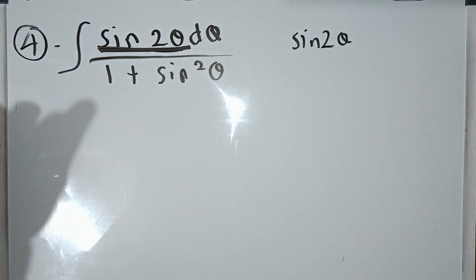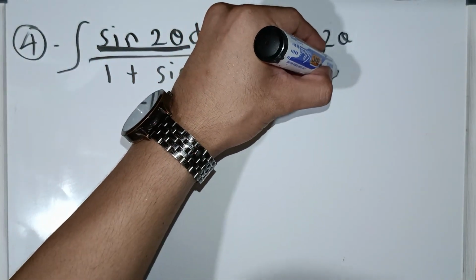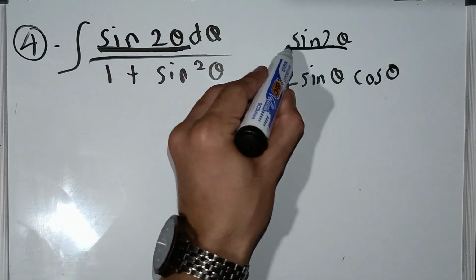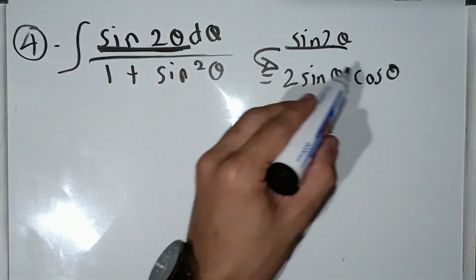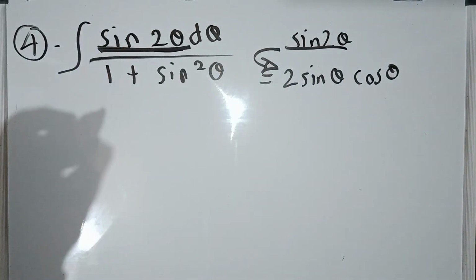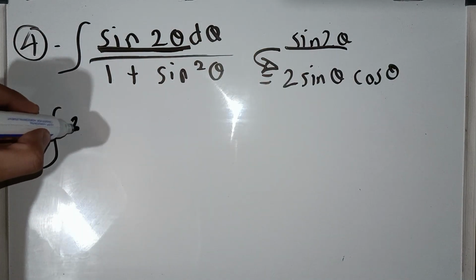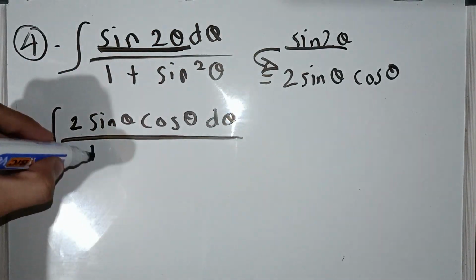Since we have sin 2 theta, which is equal to 2 sin theta cosine theta, transforming sine 2 theta into 2 sine theta cosine theta. Since we have sine theta here in our problem, let's use the transformed value, which is 2 sine theta cosine theta d theta all over 1 plus sine square theta.